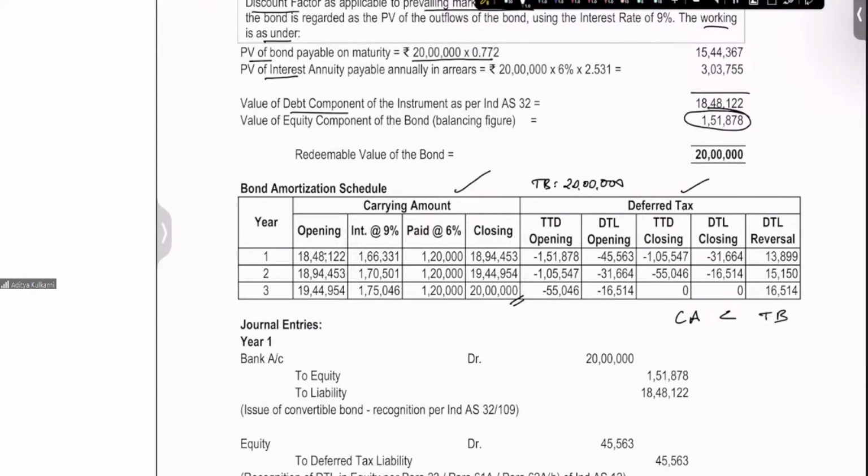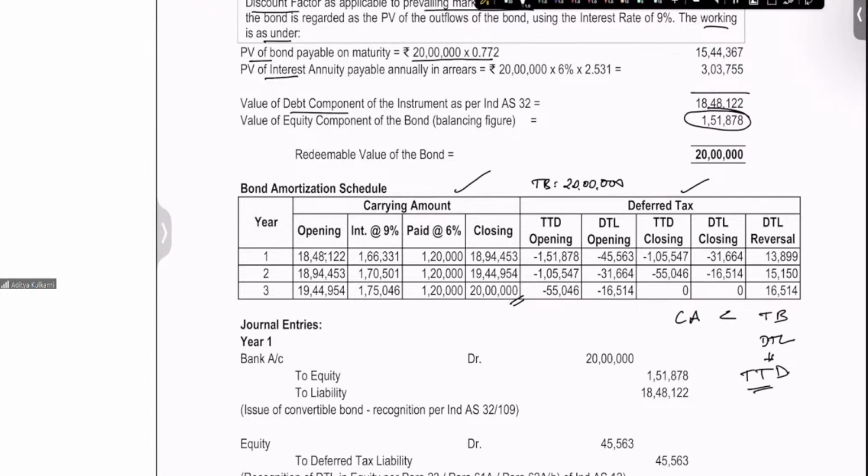That means a direct relationship. So underlying is a bond. So I should ideally be creating a deferred tax liability. This will become a taxable temporary difference.